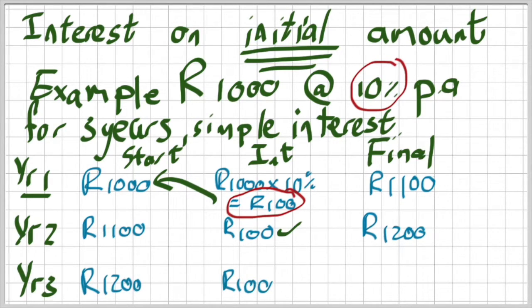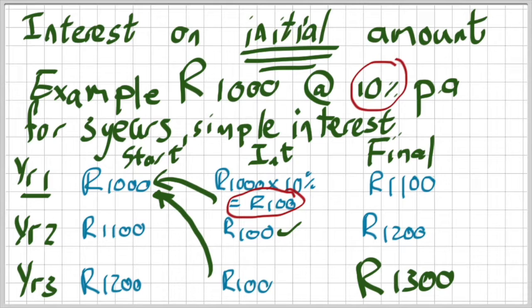Now, what about year 3? I start with 1,200, and again I earn just 100 Rand, because it's always the interest rate on the initial amount. No matter how many years, the interest amount stays the same, which means I end up with 1,300 Rand.